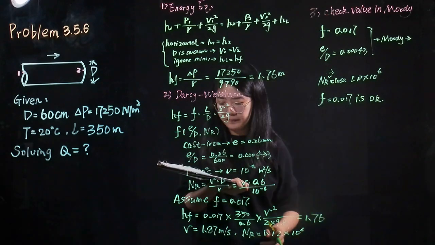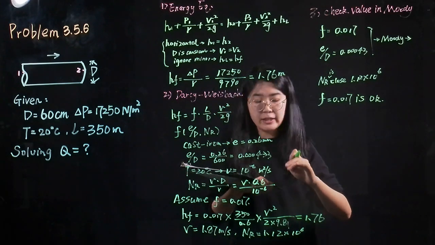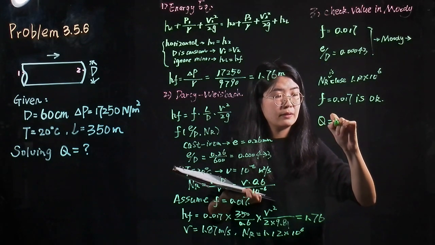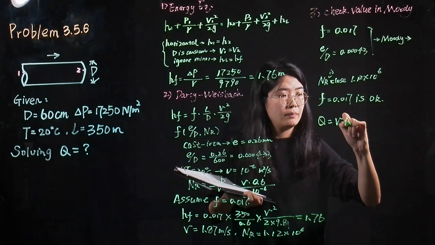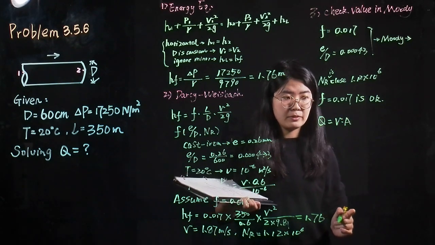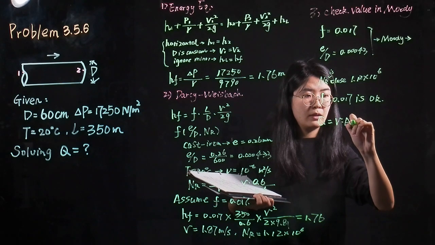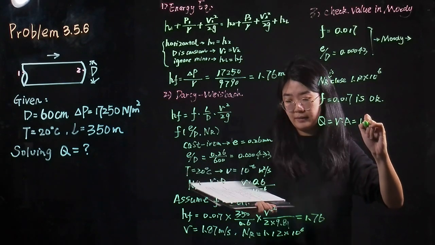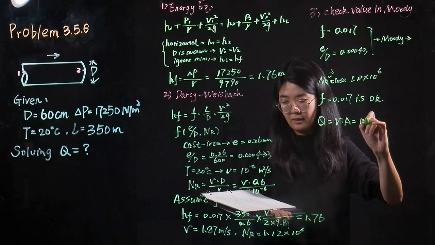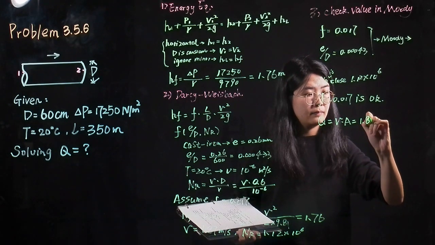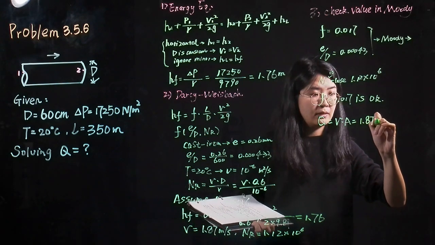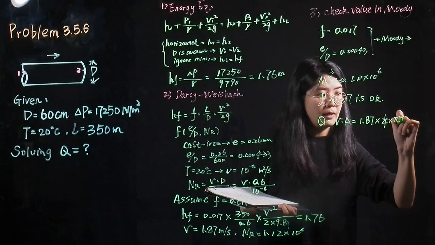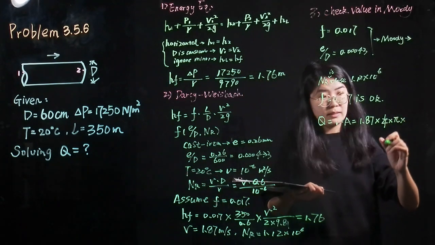Then we can calculate the flow rate by using velocity times the area, which is 1.87 meter per second times 1/4 times pi times 0.6 squared.